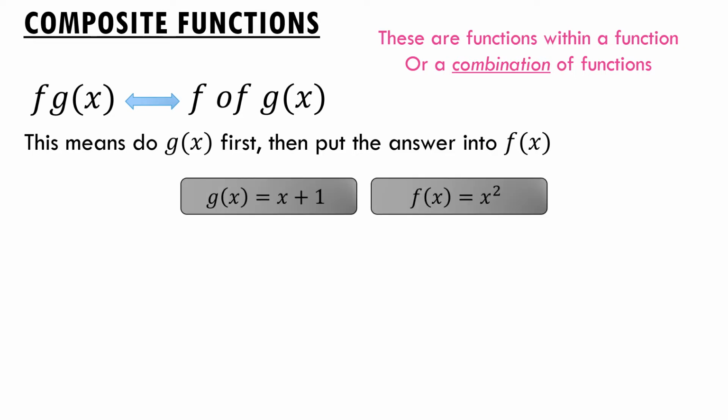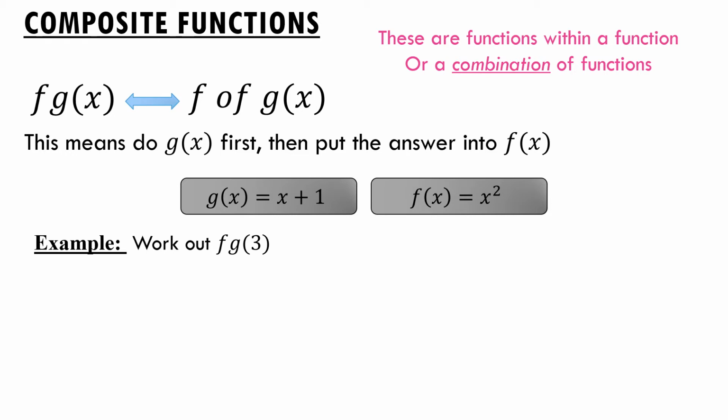So we're going to start applying it to actual functions with some algebra in. I've got in my grey boxes g of x equals x plus 1, that's my function of g. I've got f of x is x squared, that's my function of f. My example is saying work out fg3.